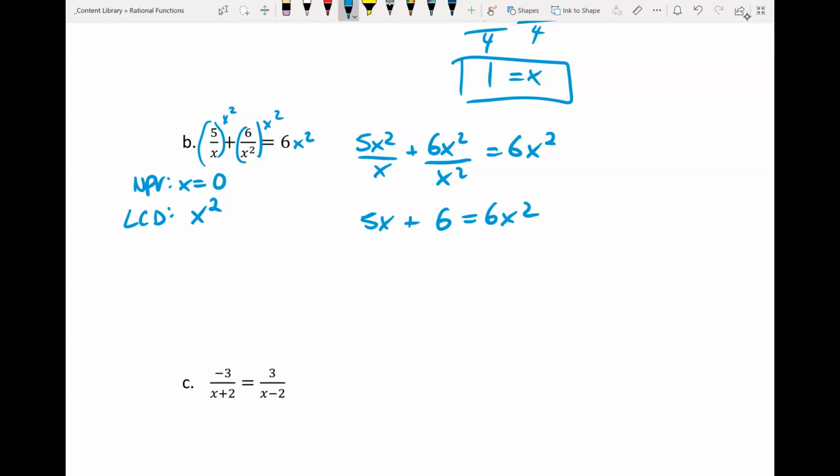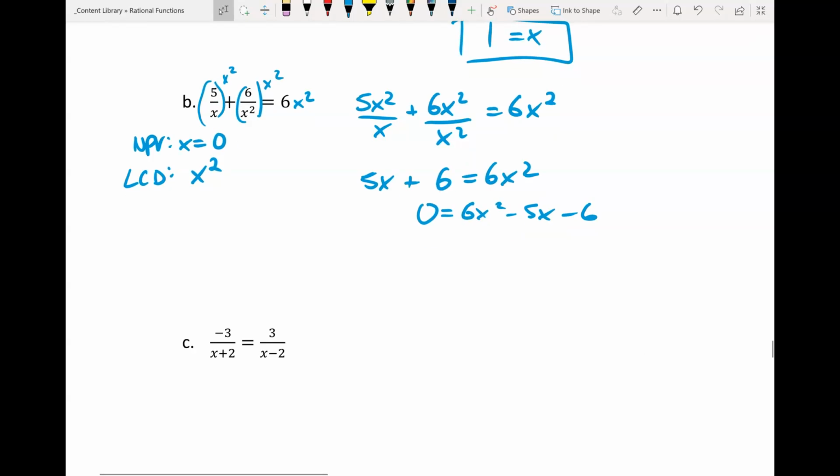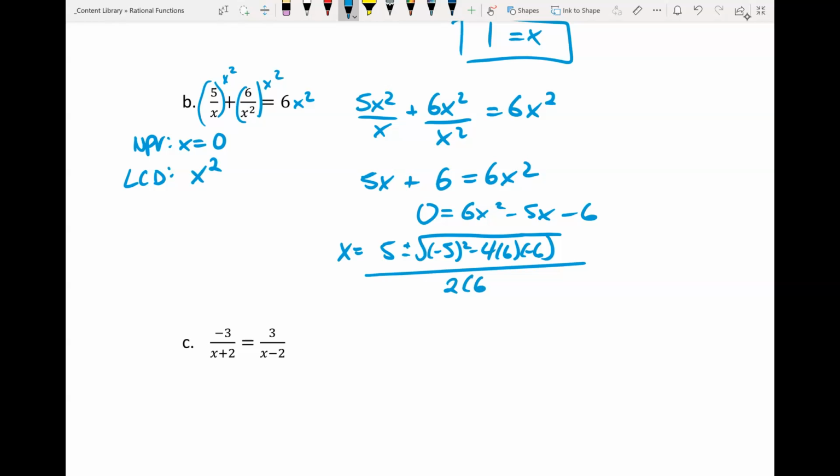I'm going to rearrange because we have this 6x squared, which means we're going to have to factor. And it looks like in this case, we're going to use our quadratic formula. So that's negative b, in this case it's just positive 5, plus or minus the square root of b squared, negative 5 squared, minus 4ac, all over 2a.